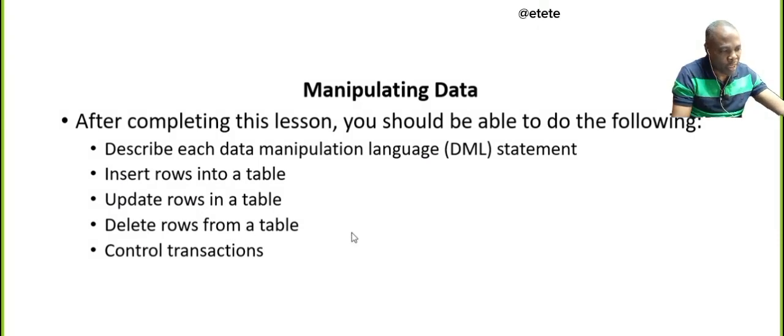And control transactions. What we've been doing before was select, which was data query. We're just querying data from the database. That is what we've been doing. Now we want to start inserting data. So it's like a tripod. We have the database, we have the database management system, and we have the application.